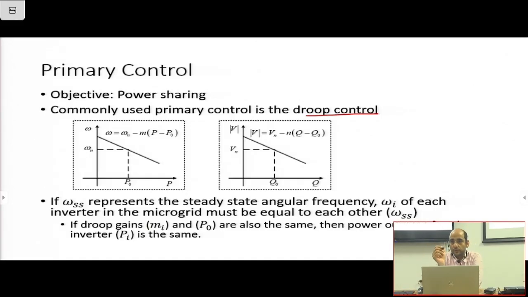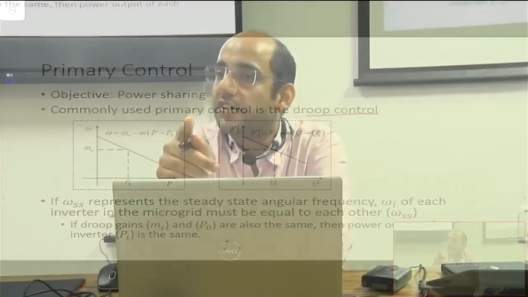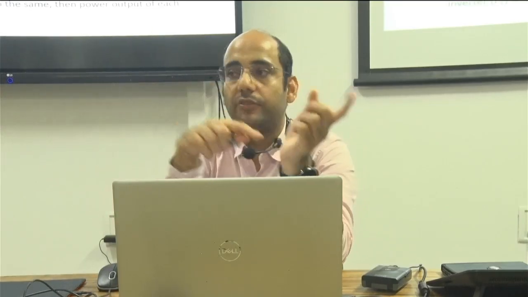Now, can you intentionally change the frequency of an inverter, or for that matter, can you intentionally change the frequency of a synchronous generator? The frequency of the synchronous generator is governed by the swing equation. Accordingly, the frequency will be decided. In an inverter, you just have to give a theta by integration of some frequency, and accordingly the reference signal for PWM will be produced at that frequency.